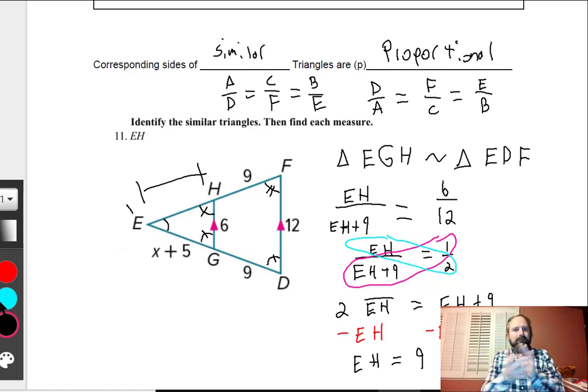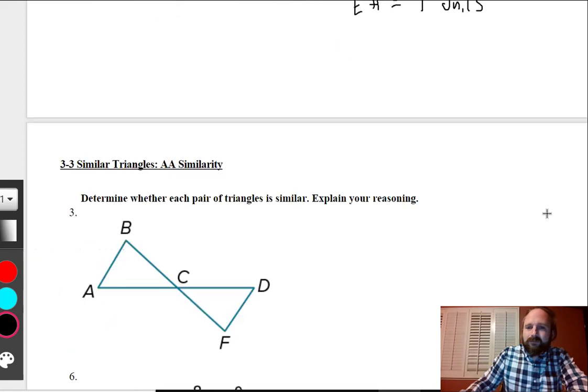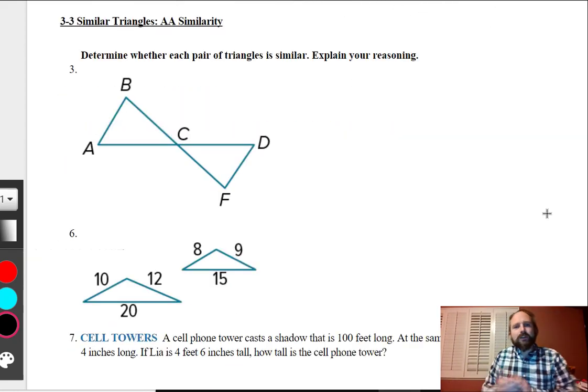All right, let's go on. So, to determine whether each pair of triangles is similar, explain your reasoning. All right, well, I would say, hey, I know that vertical angles are congruent. So I have one angle right here. Now, there's nothing on here stating that these have anything else in common.